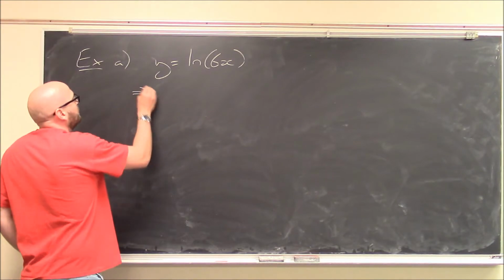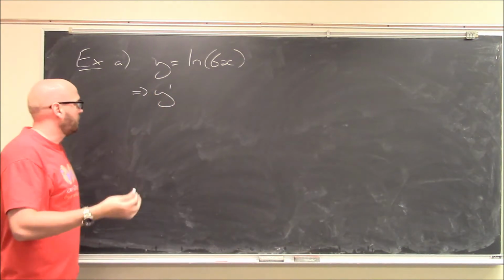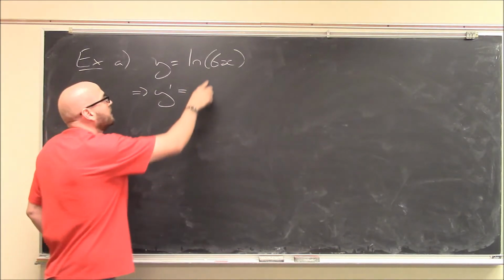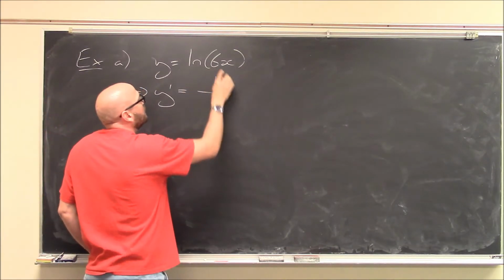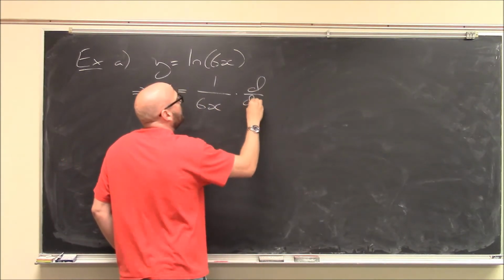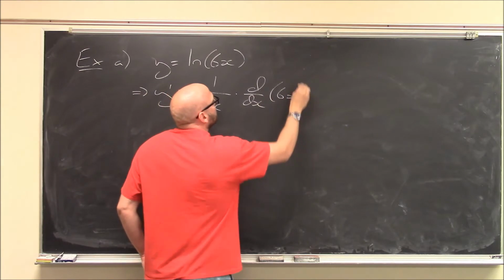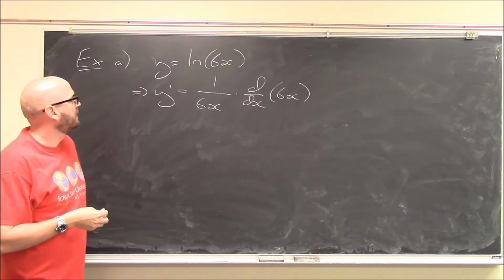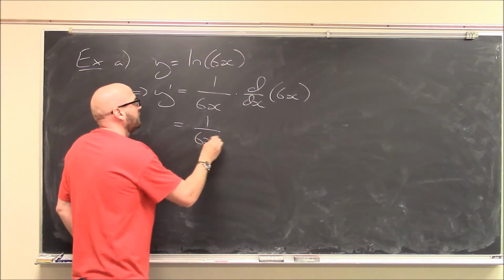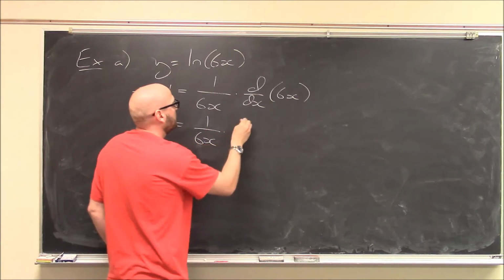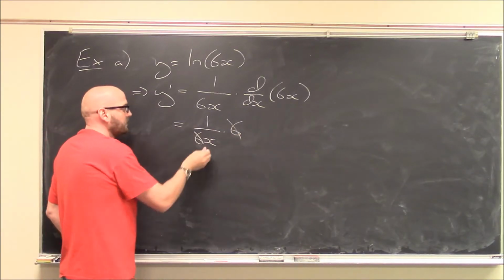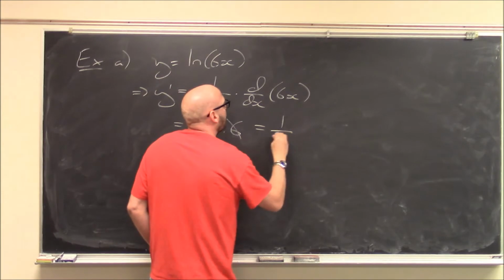So my derivative, dy/dx, or y prime, is, remember how this works, 1 over the inside function, so 1 over 6x, times the derivative of the inside function, 6x. So we've got 1 over 6x times the derivative of 6x, which is just times 6. And actually what happens here, these 6's cancel, right? So I have 1 over x.